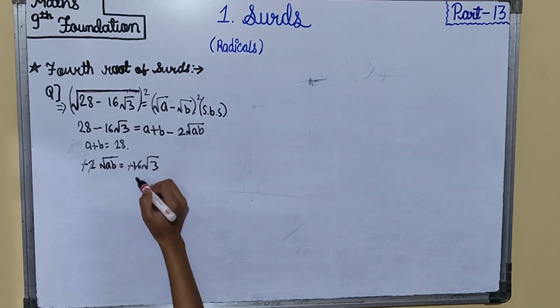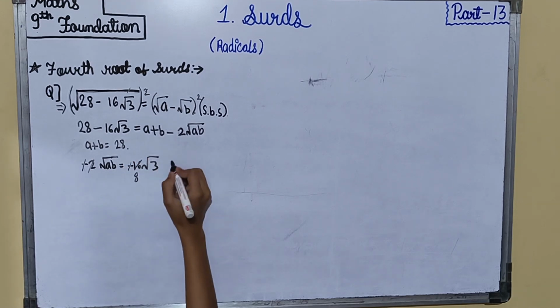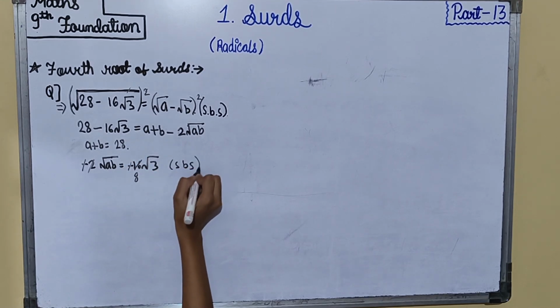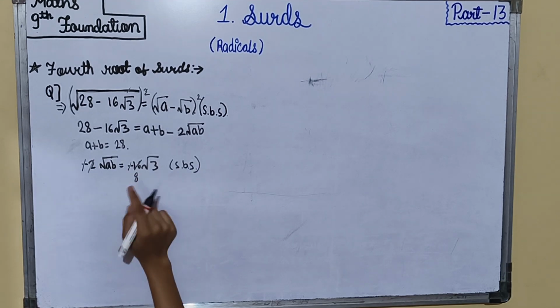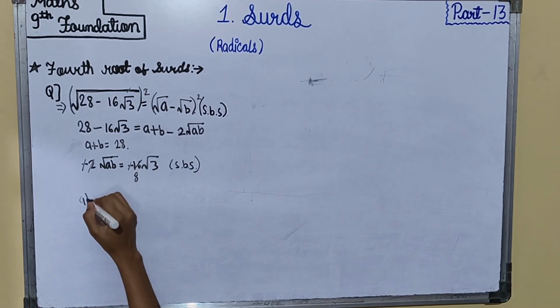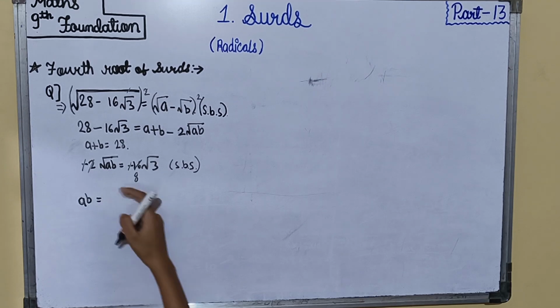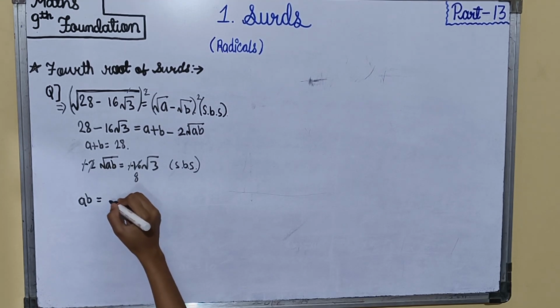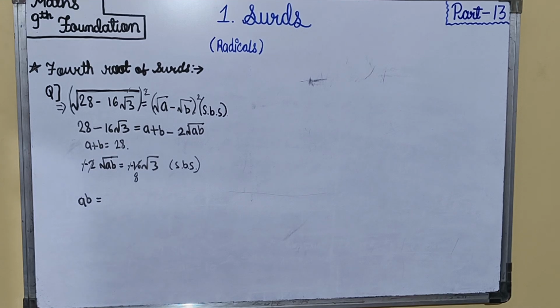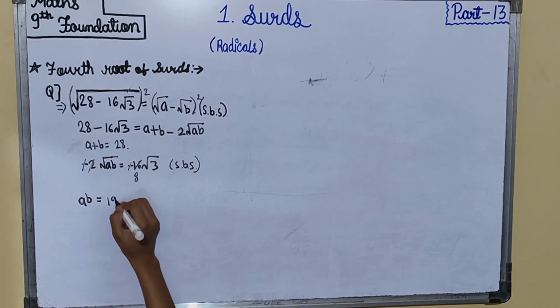So 2 ones are 2, 8s with minus will get cancelled. We'll again square both sides because these both sides are in root. So ab would be equal to 8 into 8 into 3, 64 into 3, that would be 192.